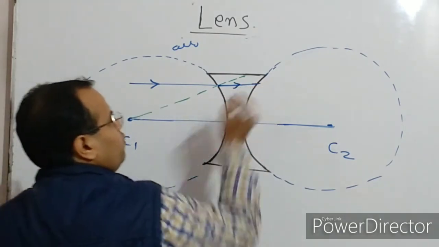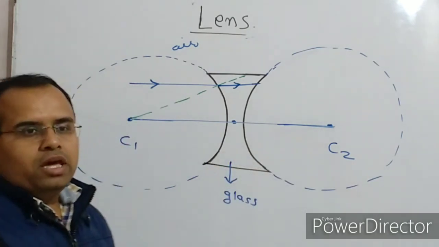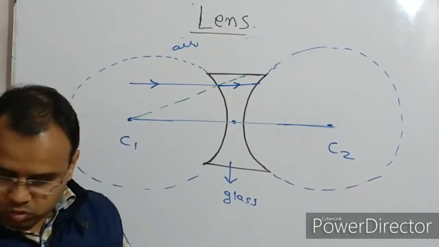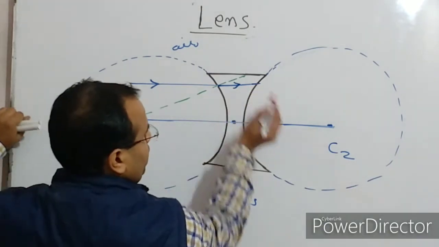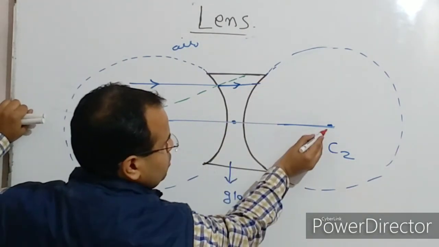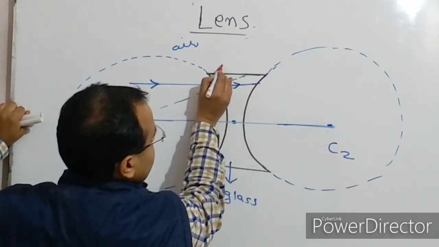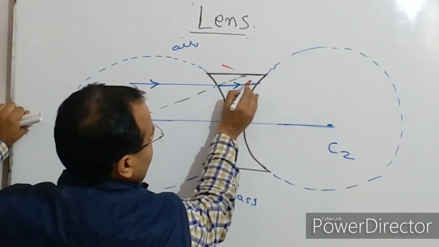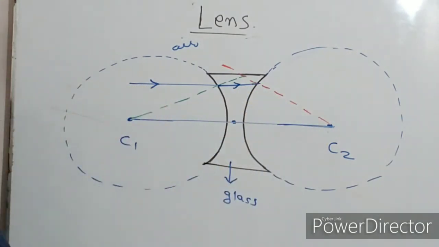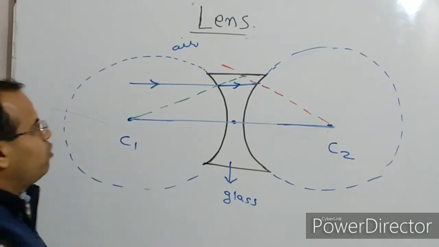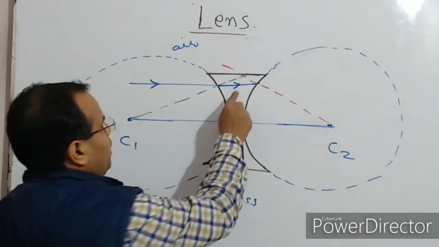Now at this point, the light ray has to travel from denser to rarer medium, so again we have to draw the position of the normal at this point, and because this is the second surface, the normal position would be from this. So I'll be drawing it like this. So this is the normal for this second surface.